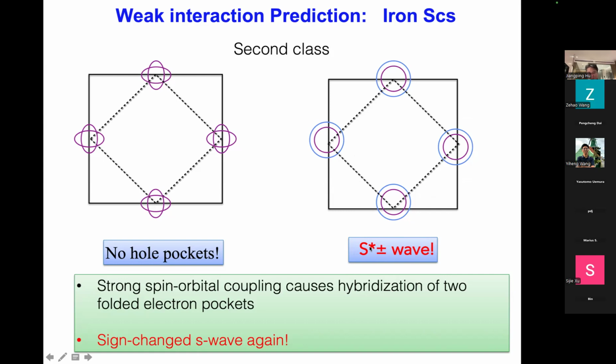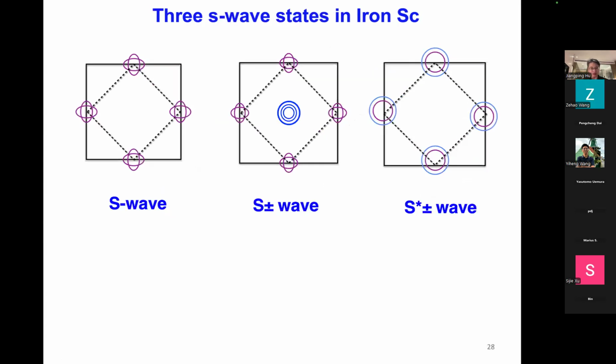You also have a sign change in momentum space, but overall there's no real space sign change, right? So it looks like S wave. Okay, so generally, if you look at the predictions for S wave superconductors in iron-based superconductors, they typically have these three scenarios.